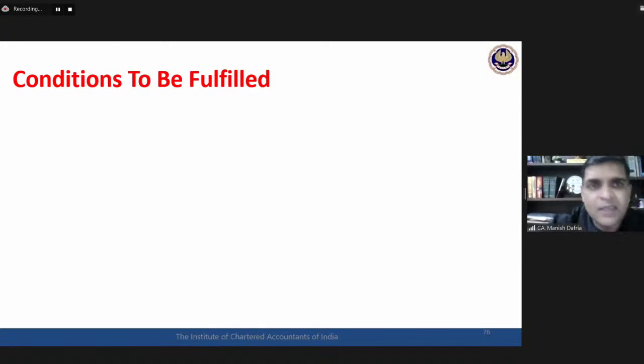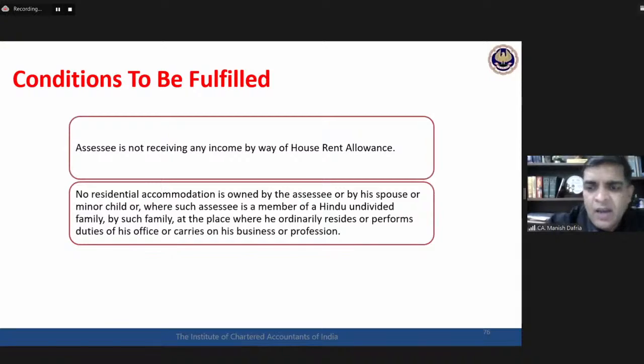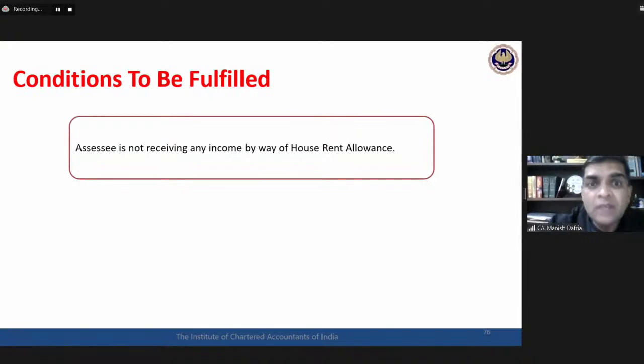After this, there are certain conditions to be fulfilled if I want to claim 80GG deduction. First of all, I should not be getting any income by way of HRA. You should be able to understand this.